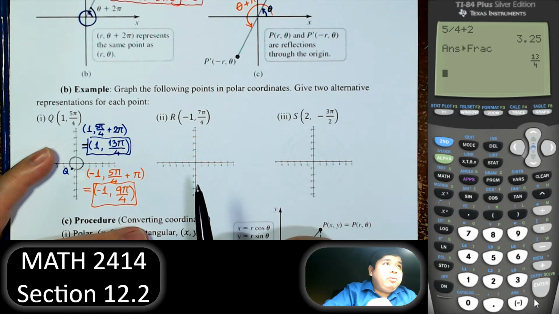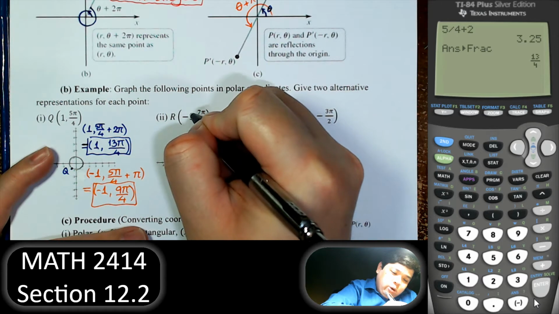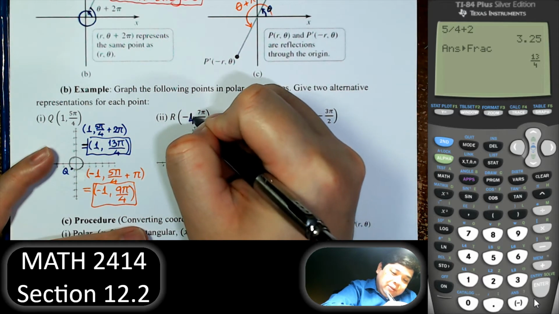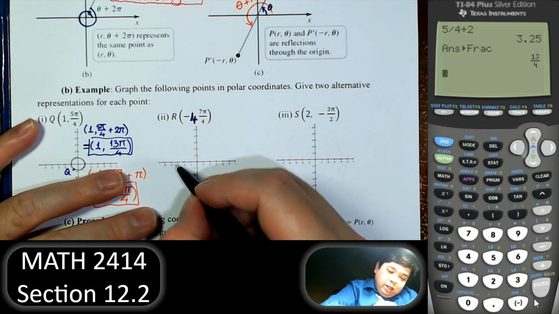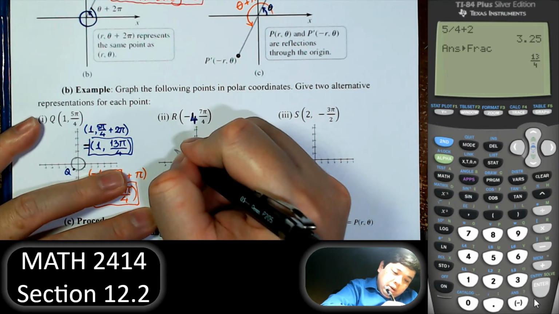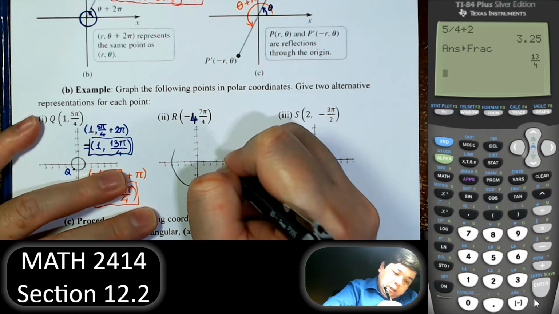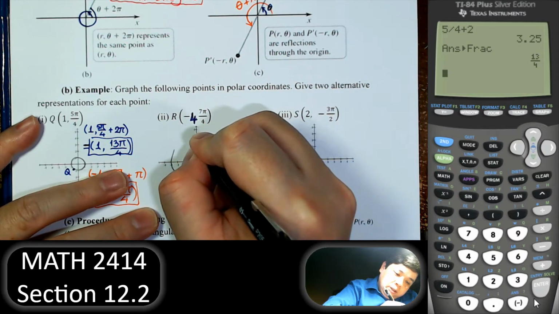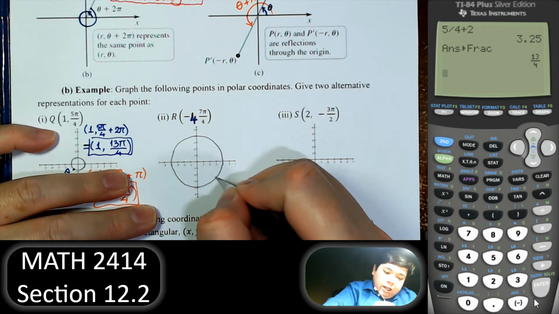By the way, if the 1 is too small, make it 4. Right, negative 4 and 7 pi over 4. So 4 is here. So this is the circle of radius 4. 7 pi over 4 will be over here.